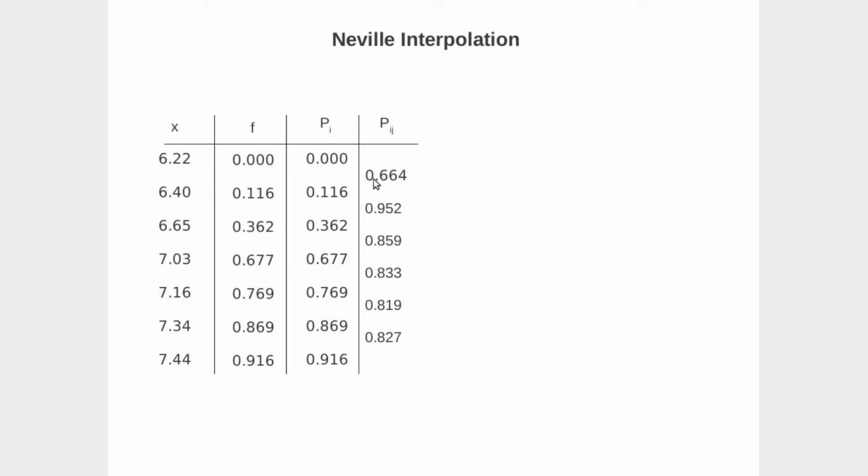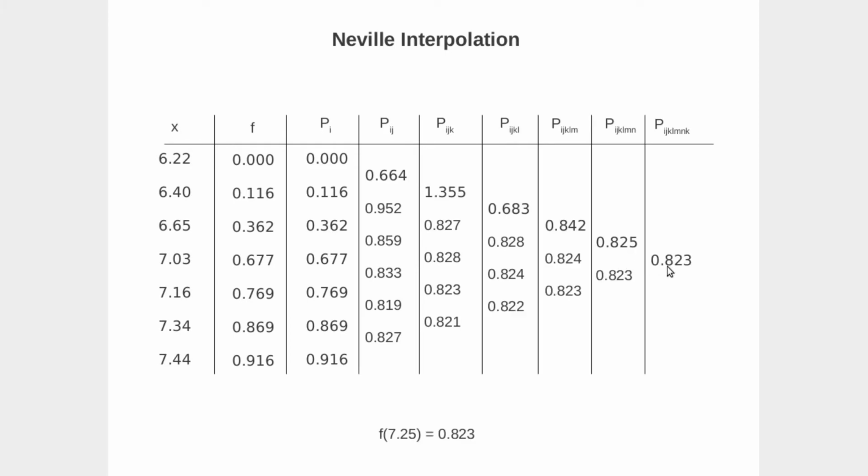Then you can find a straight line which is passing through the points using the determinant, you can find out these values, and then again do the determinant, find out this second order polynomial which is passing through the 3 points and keep doing it further, and ultimately you will find the nth degree polynomial which passes through n plus 1 points, and that will give you this value.